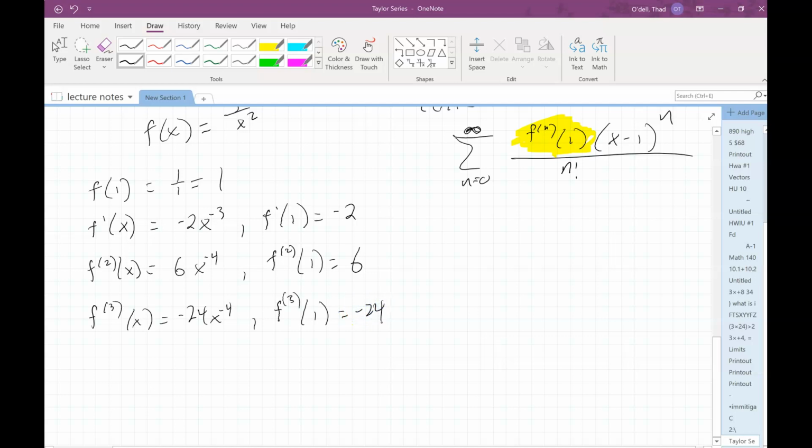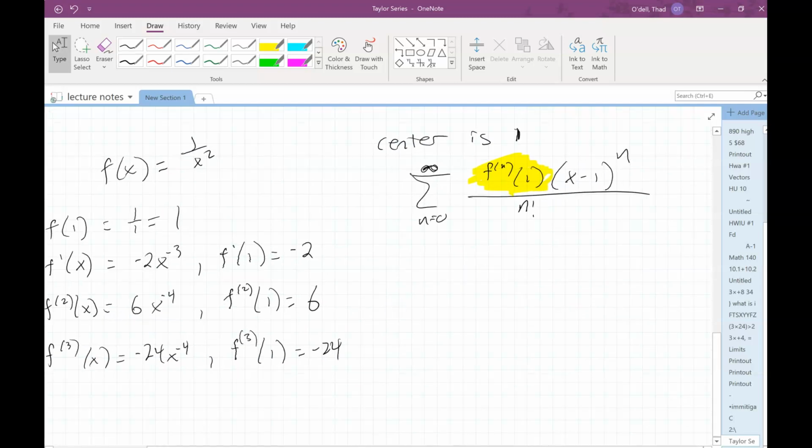And hopefully at this point you see a pattern. It seems like we're multiplying by an increasing number. And then again, it's helpful to go back and say, okay, this is n equals 0, this is n equals 1, n equals 2, n equals 3, okay? And this is 1, negative 2, 6, negative 24.